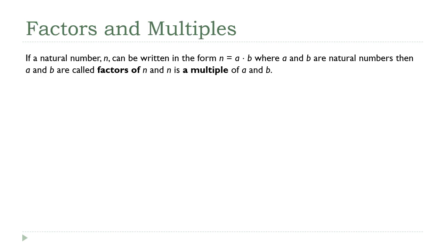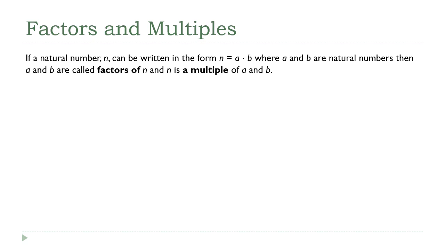So when we talk about natural numbers, one way we think about doing things with them is we can think about taking a natural number and either breaking it down into smaller natural numbers or building it up into bigger natural numbers. And I've got some language here for describing that.